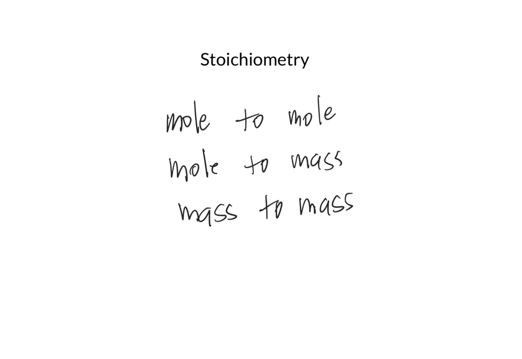And what that means is that you're going to have to convert from moles of one thing to moles of another thing, or of one thing to mass, or mass of one thing to mass of another thing. But where the nuts and bolts of it come in is with chemical reactions. And we use stoichiometry to calculate the quantities in a chemical reaction.